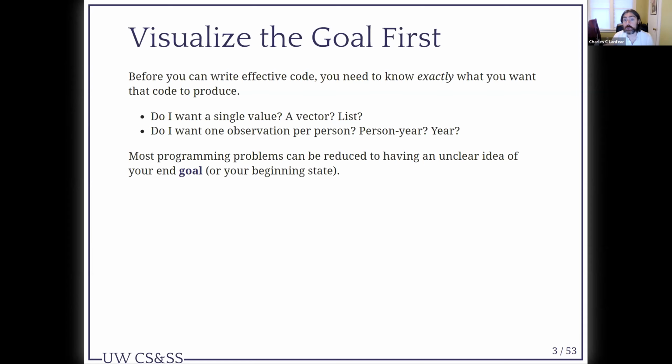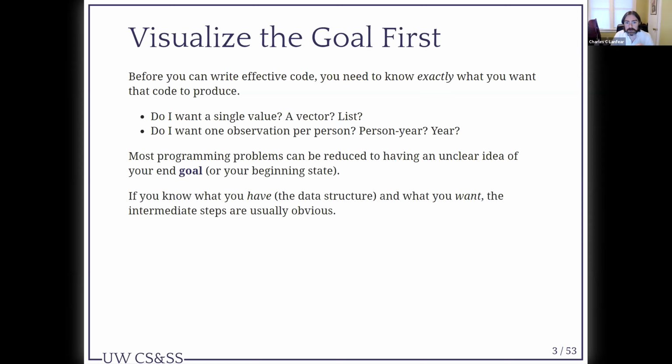If you don't know what you want in the end, it's going to be really hard to get there because you're just hoping to stumble into it. So if you know exactly what you have, the exact data structure, the contents of the variables and their values, and you also know what you want, the intermediate steps are usually obvious in some way, shape, or form.